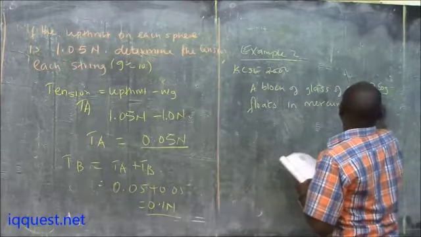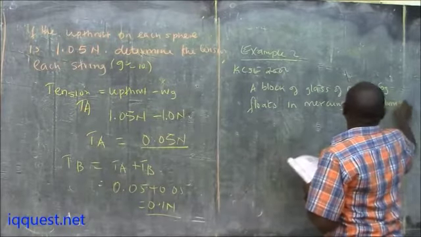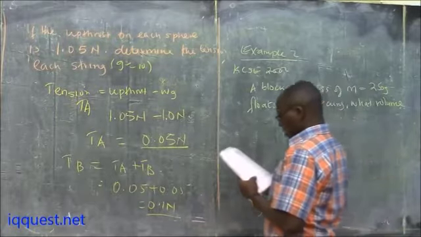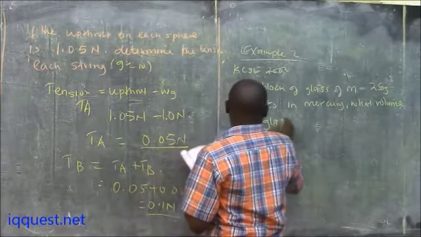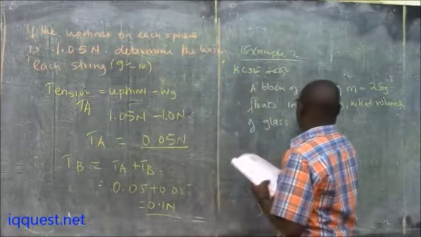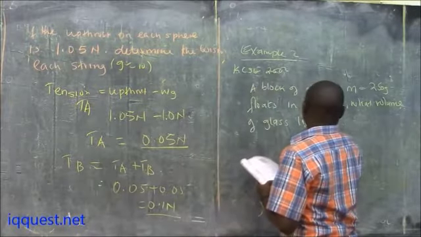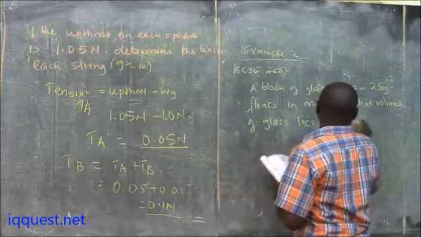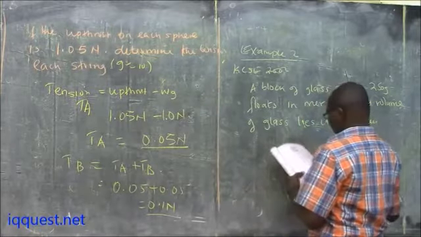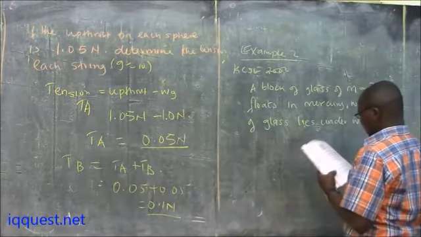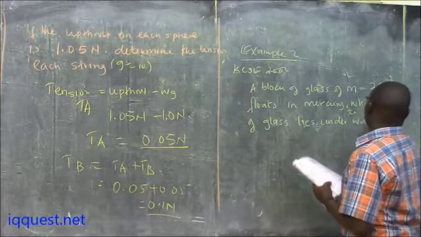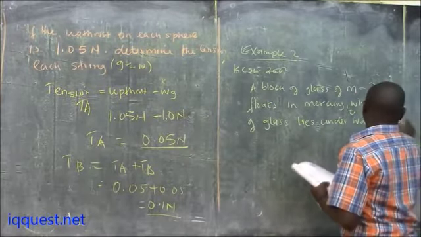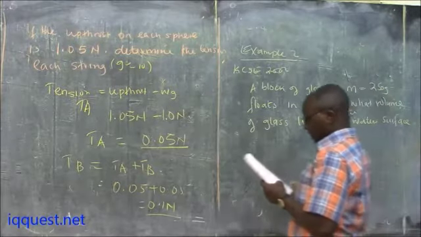What volume of glass lies under the surface of mercury?